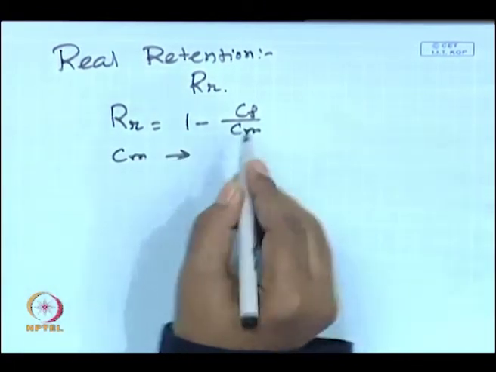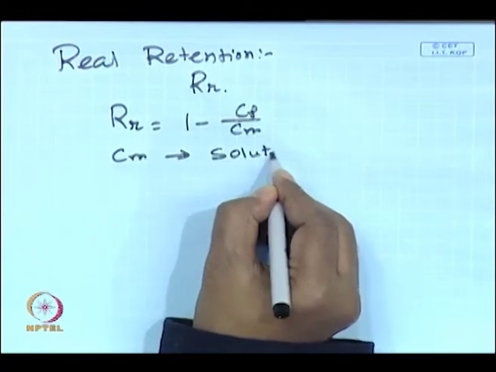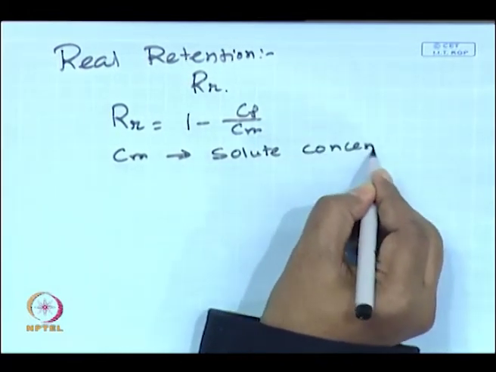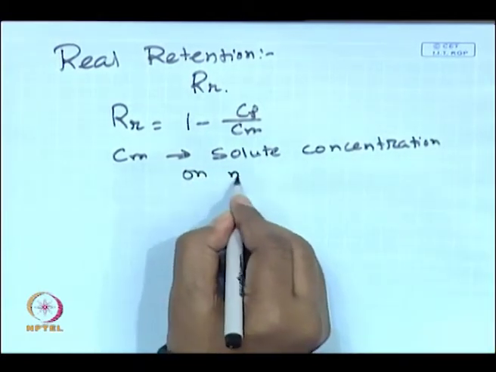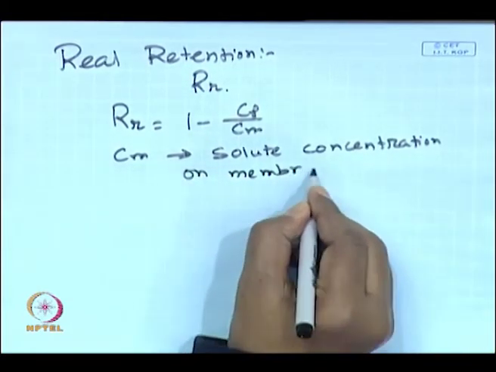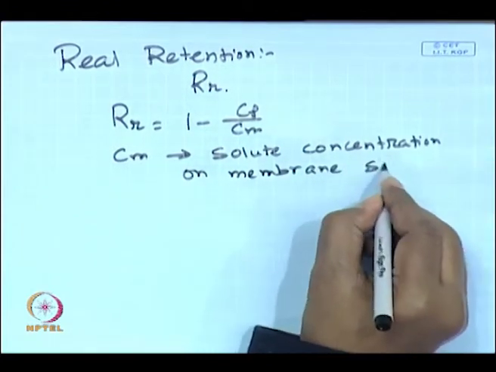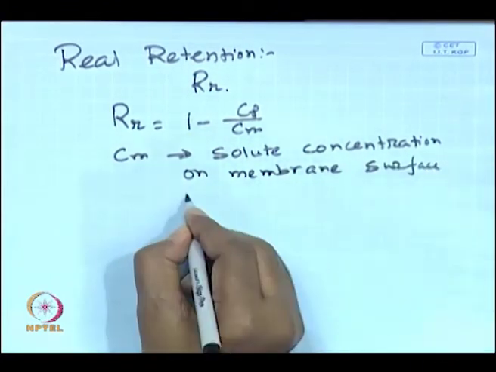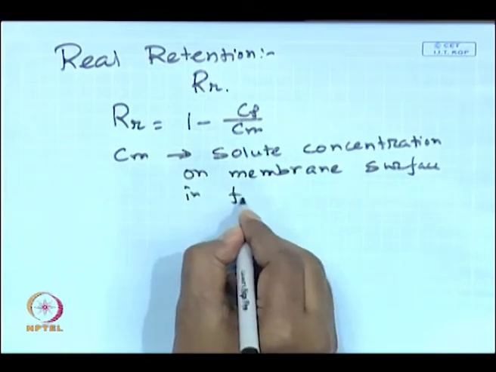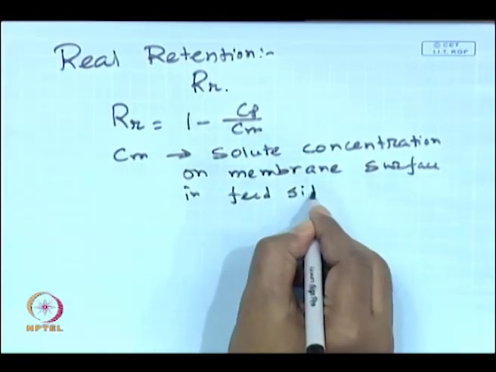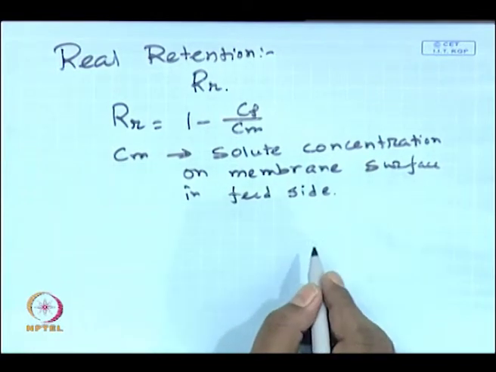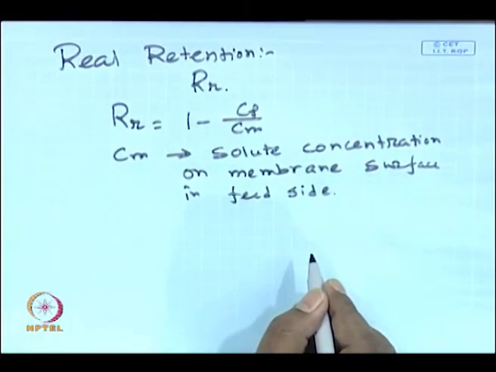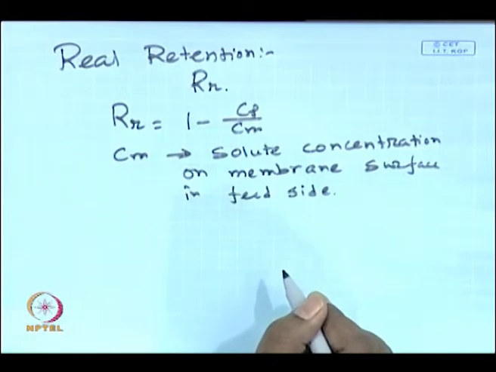Cm is the solute concentration on the membrane surface in feed side. Okay. So what it gives, basically, is the difference between the real retention and the observed retention, and when each will be used.